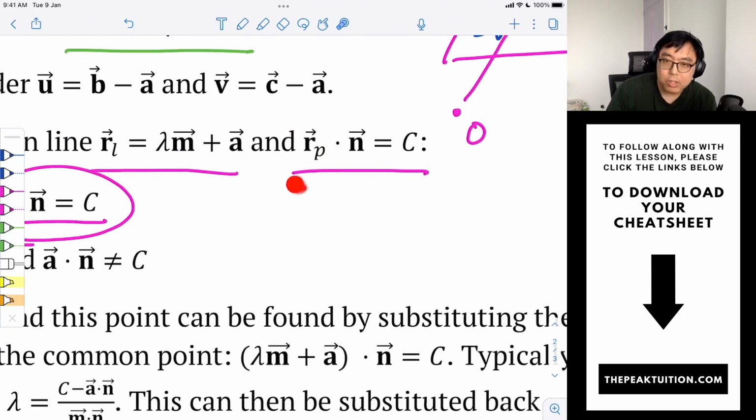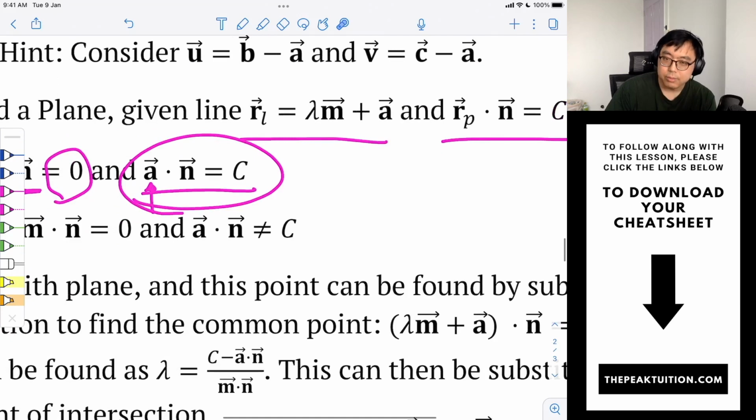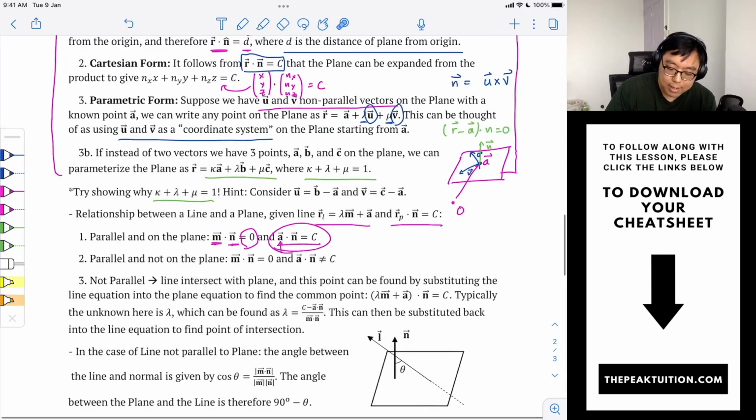Any point along the plane, when we substitute the point into r, will fulfill this equation. So if the line is on the plane, then the point A on the line, when we substitute it into this equation, should also satisfy it. So if it's parallel and on the plane, this equation will hold true.